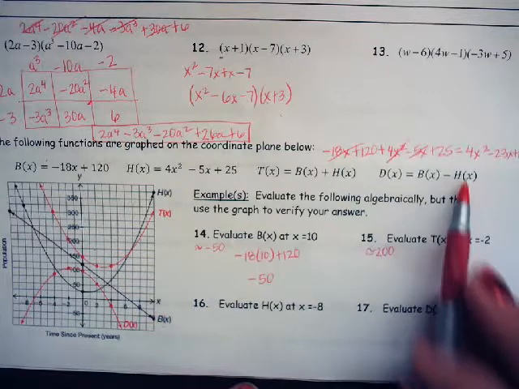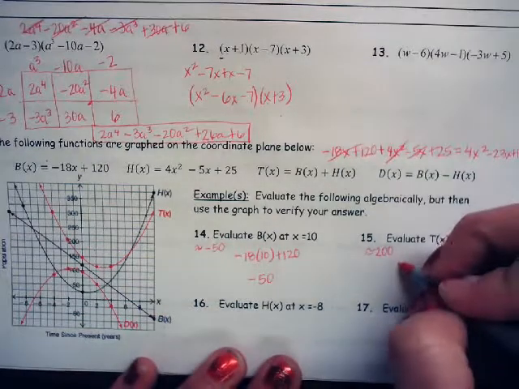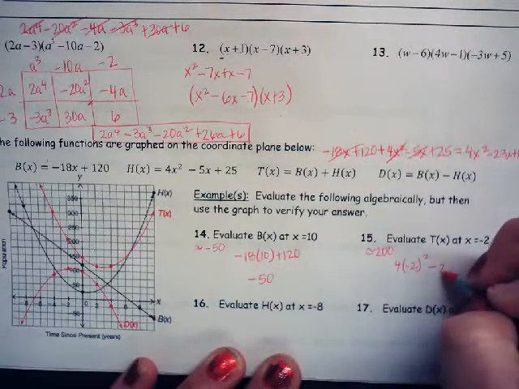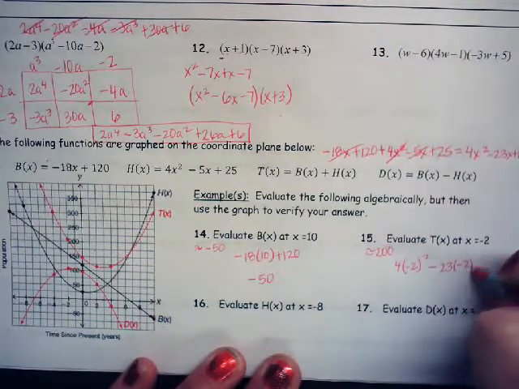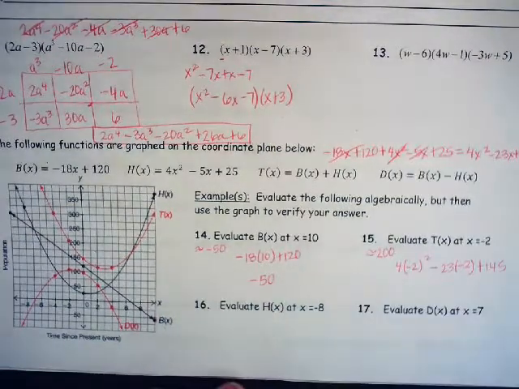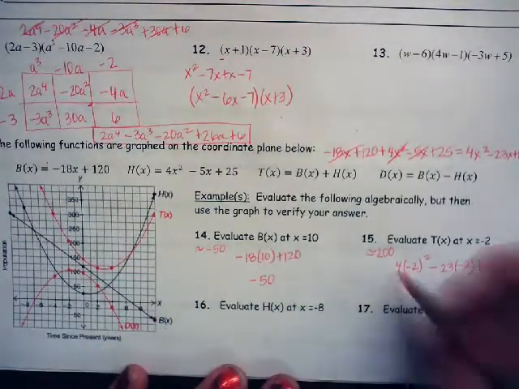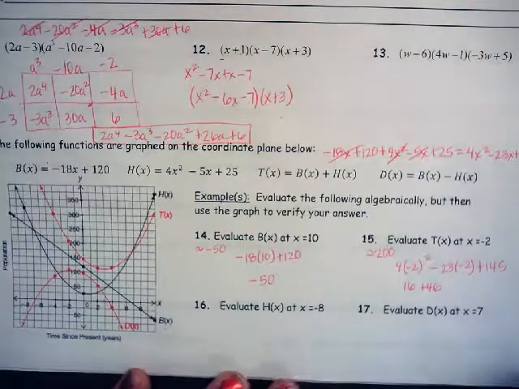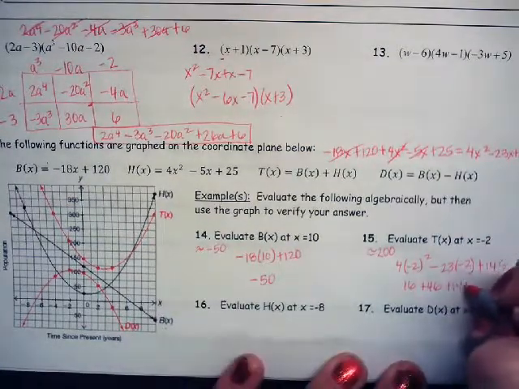Now I'm supposed to plug in negative 2. So 4 times negative 2 squared minus 23 times negative 2 plus 145. Negative 2 squared is a positive 4. 4 times 4 is 16. Okay, negative 23 times negative 2 gives me a positive 46, and then plus 145.